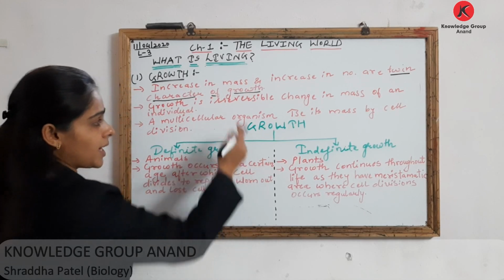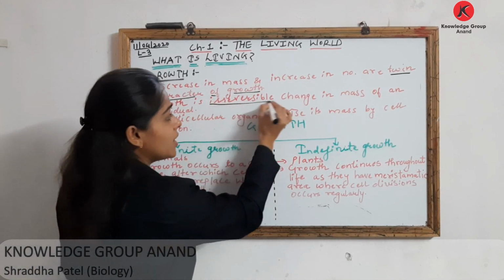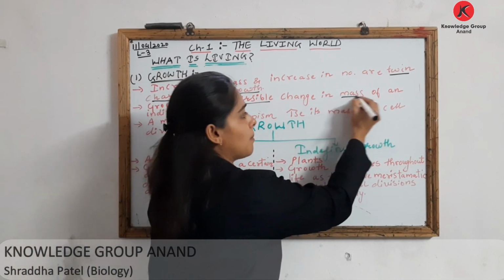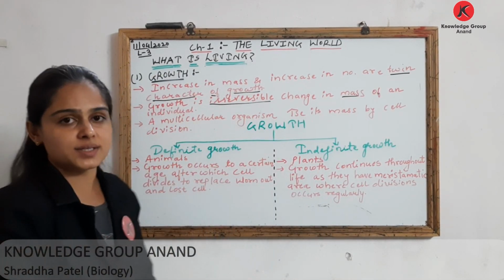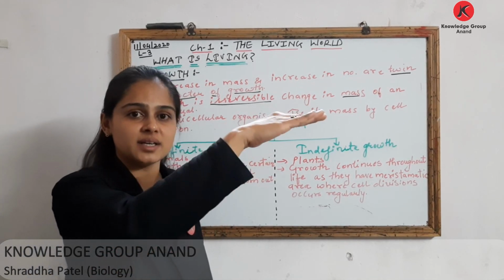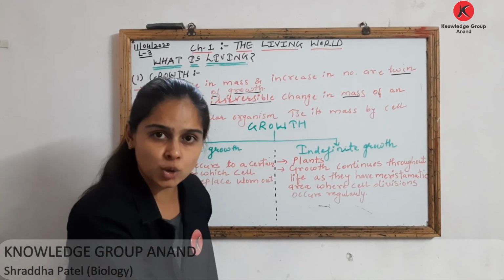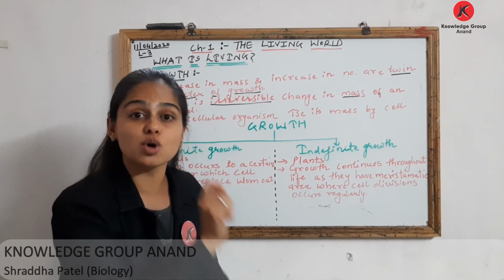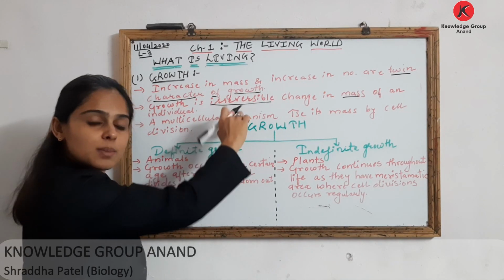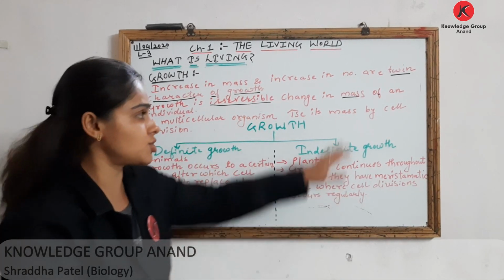The most important thing I mentioned here: irreversible permanent change in mass of an organism or an individual. Say for example, अभी आपकी हाइट इतनी है, इतनी आपकी हाइट हो सकती है, no, right? So इसकी वजह से मैंने यहाँ पे क्या बोला आपको, it is an irreversible permanent change in mass of an individual.